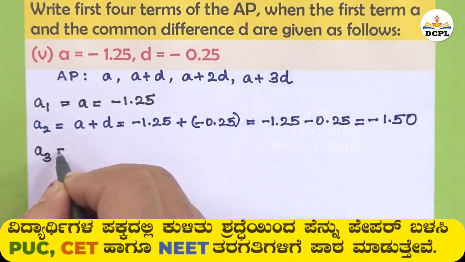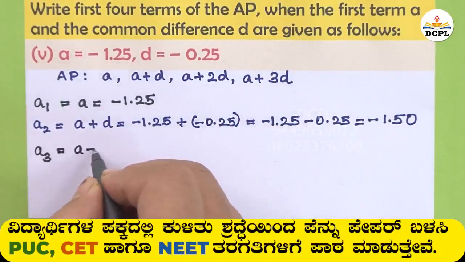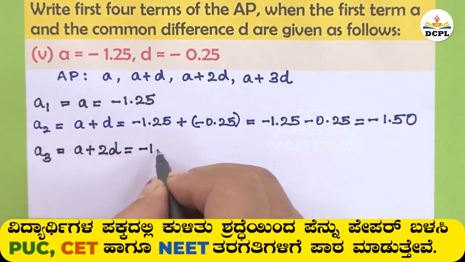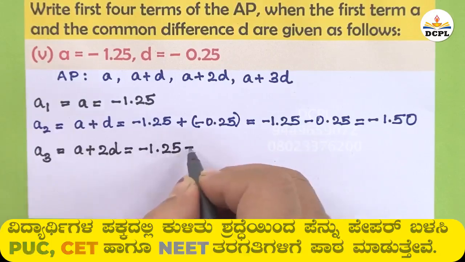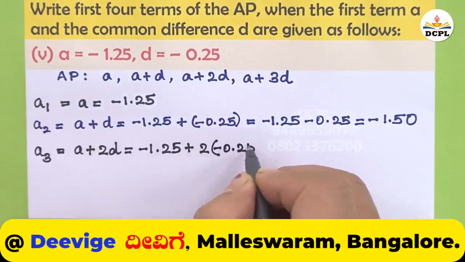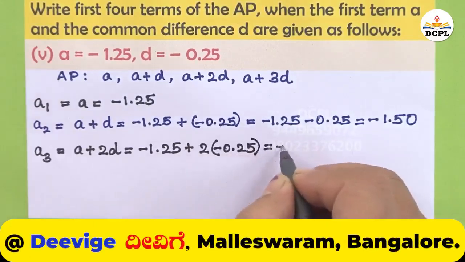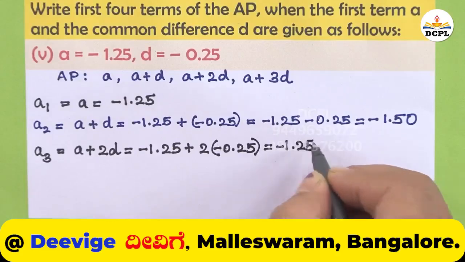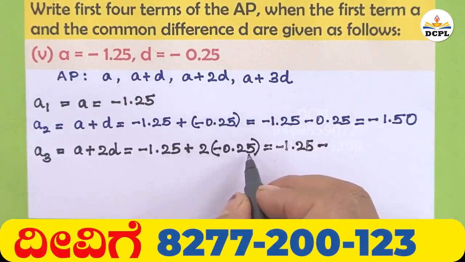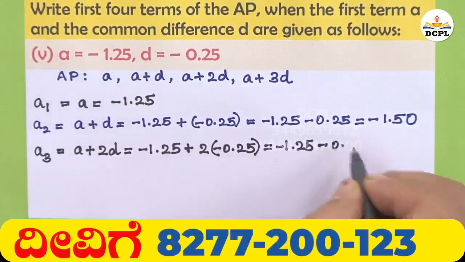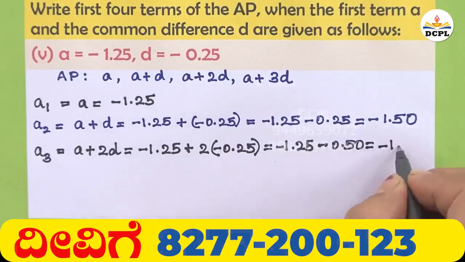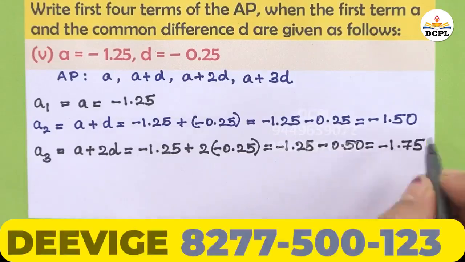Now let's proceed to find the third term. How do we get the third term? The third term is given by A plus 2D. So this is minus 1.25 plus 2 into minus 0.25. Here it is minus 1.25, and plus into minus is going to give you a minus. 2 into 0.25 will give me 0.50. So when I add, I will get minus 1.75.